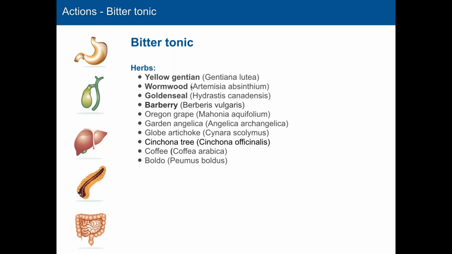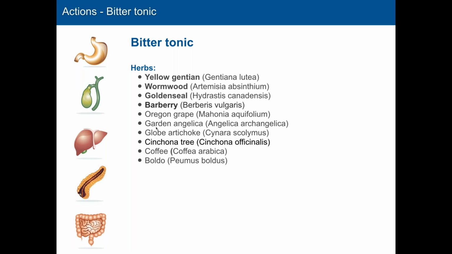If the person has a few different things going on, in addition to having poor digestion, they have possibly a parasite, I might go with golden seal or barberry as an option, along with some other things. And that would be like the secondary action that I'd be looking for. But because of the cost of golden seal, and it's not as bitter as yellow gentian, I wouldn't necessarily go with that.